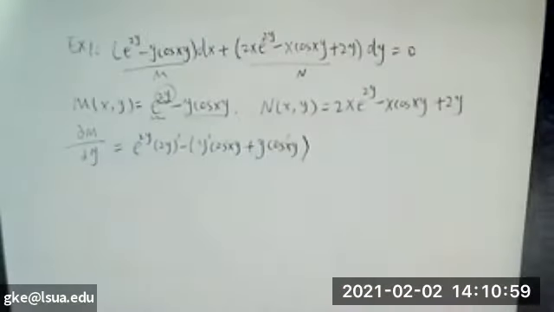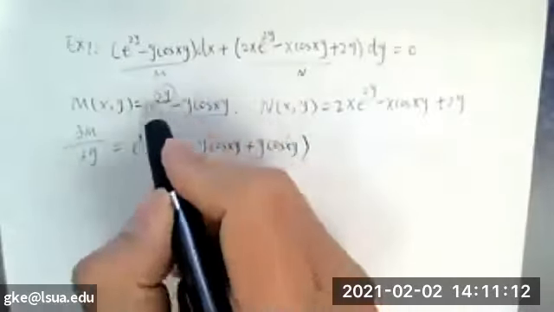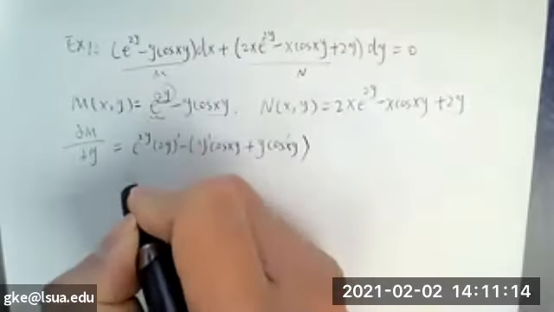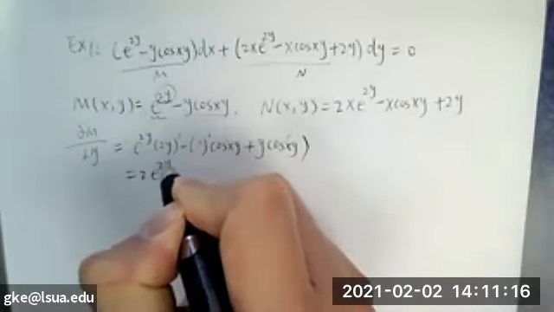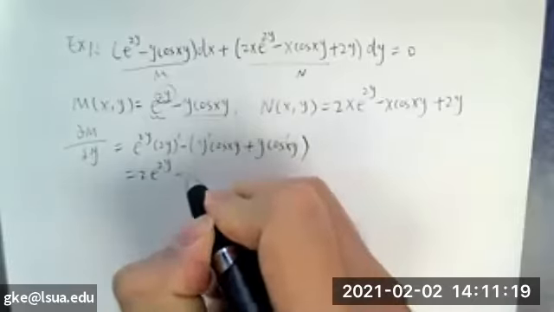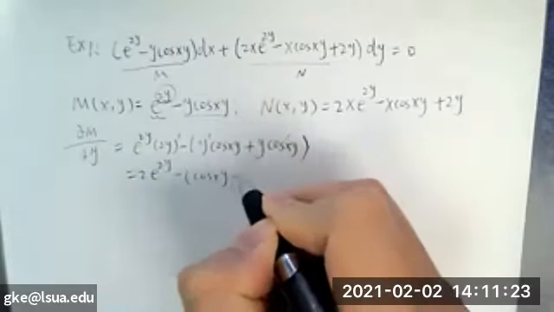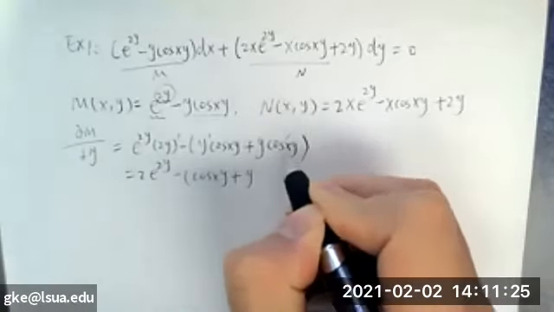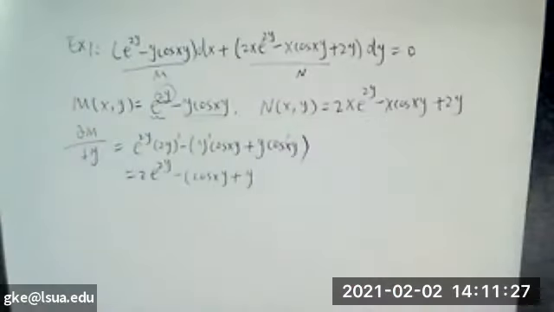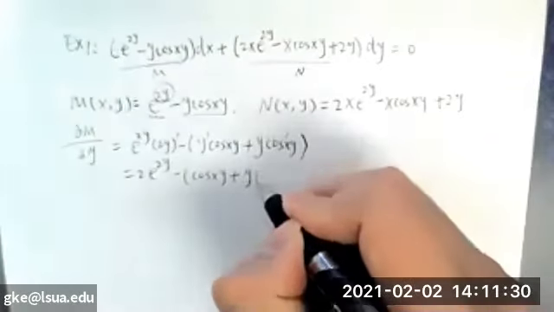I wish you guys still remember how to do the product rule and how to do the derivative of a composite function. The derivative of the whole thing is equal to itself, and this inside part is 2. And this is itself times 1. And what's the derivative of cos(xy)? It's going to be negative, right?